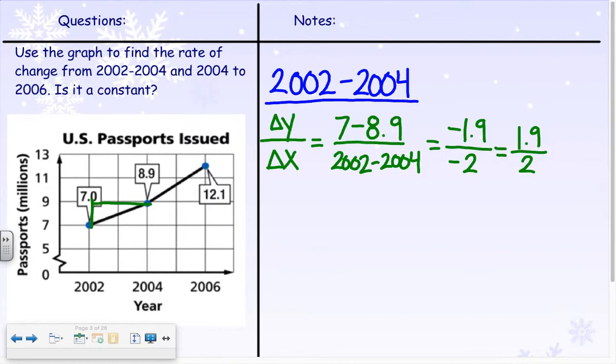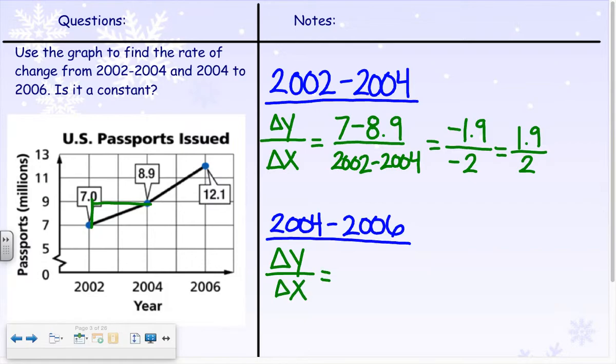All right, so then if I go to 2004 to 2006, change in y over change in x. My y values go from 8.9 to 12.1. My x value went from 2004 to 2006.